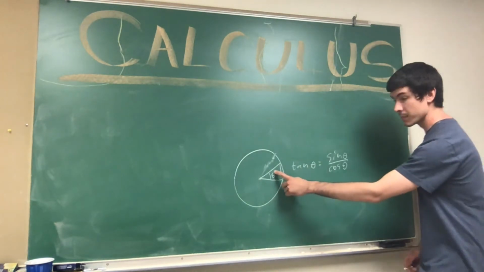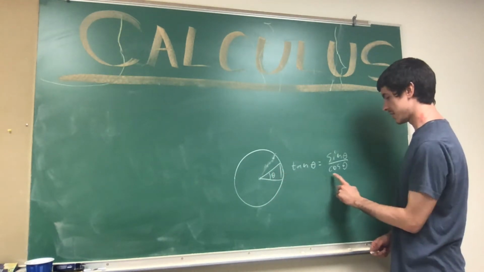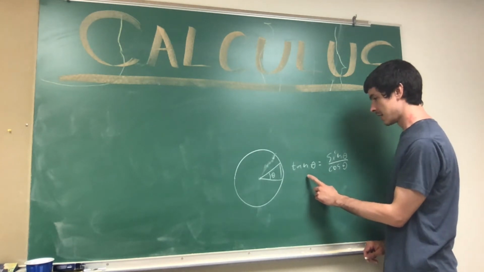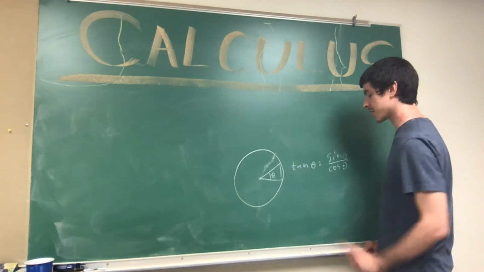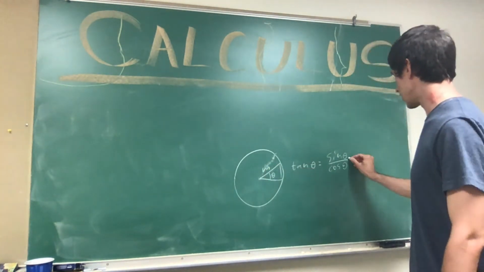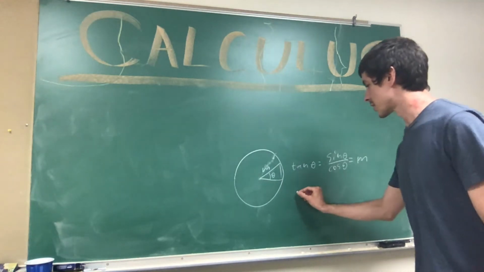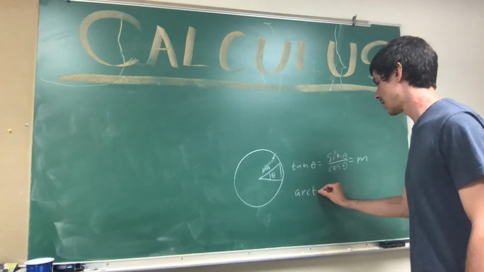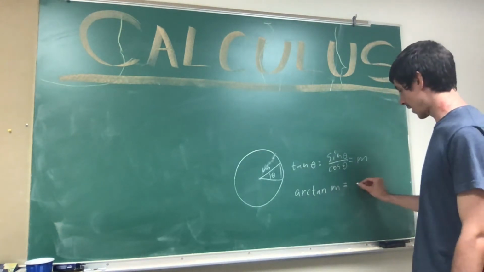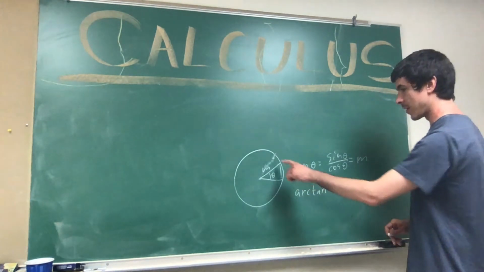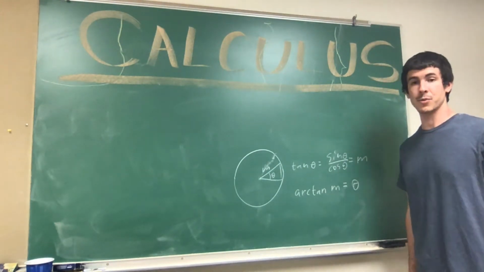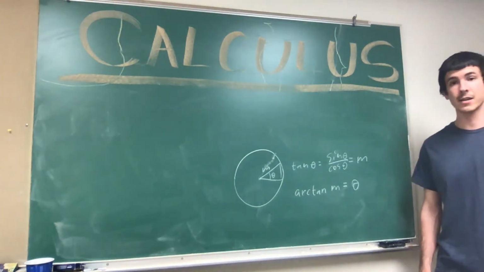So if we can find the inverse of tangent, the theta corresponding to a given slope, so let's say this slope is m, so tangent theta equals m, it's called arctangent of m equals theta. So if we could find this, then we would have fully understood the relationship between the angle and the slope.